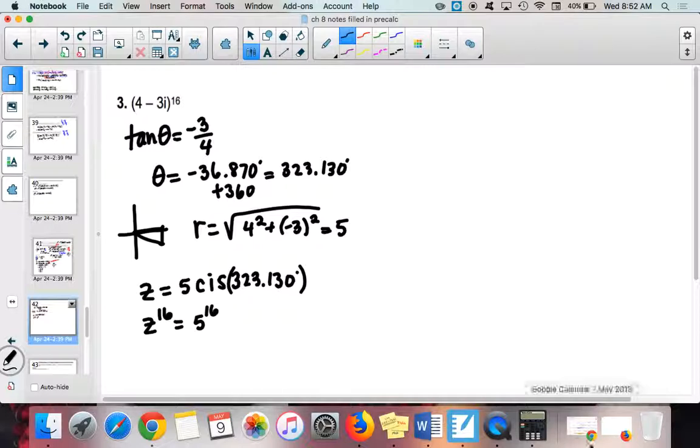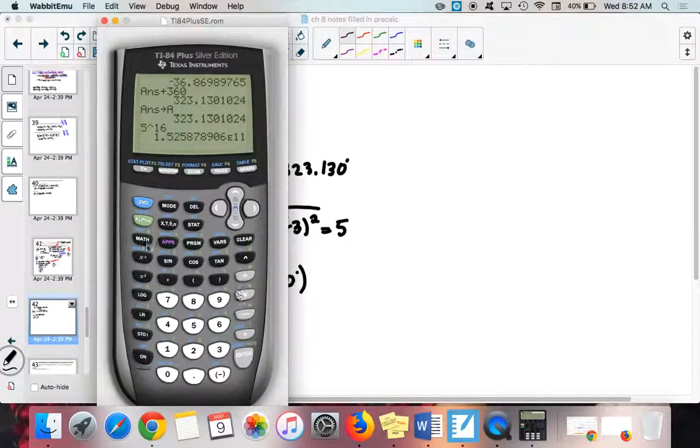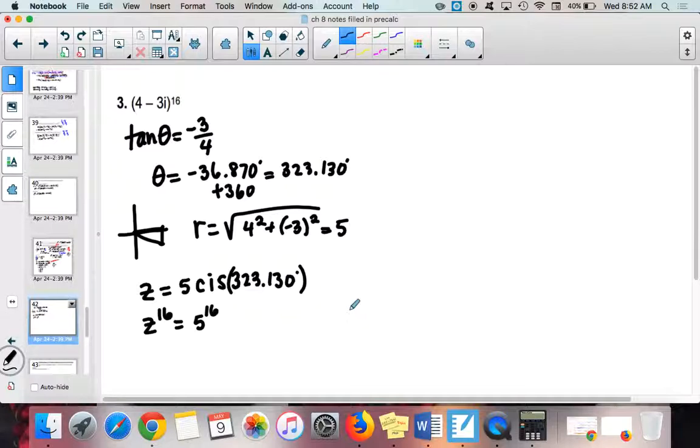And then I'm going to take my 323, that A value that I had, and I'm going to multiply by 16. I'm going to say, wow, that's really big. So 5170.082. Then I keep subtracting things out.